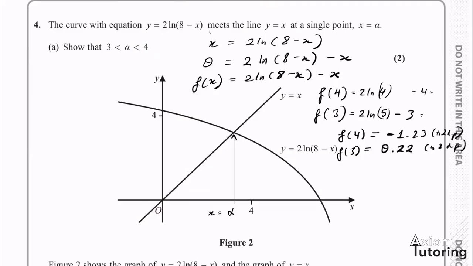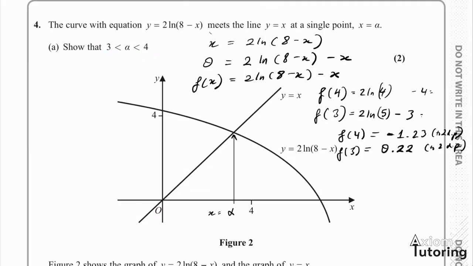Okay, so if we think about what this means, we're saying that when x is a value of 4, so imagine alpha stretches to get a value of 4, because we're showing that alpha lies within this range and it doesn't actually take the values of 4 and 3, right?